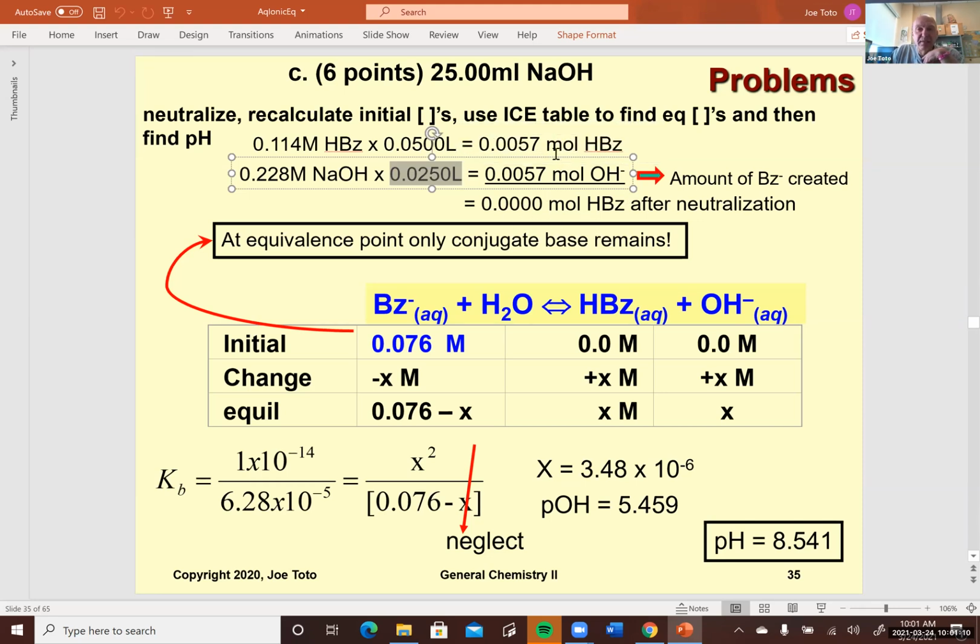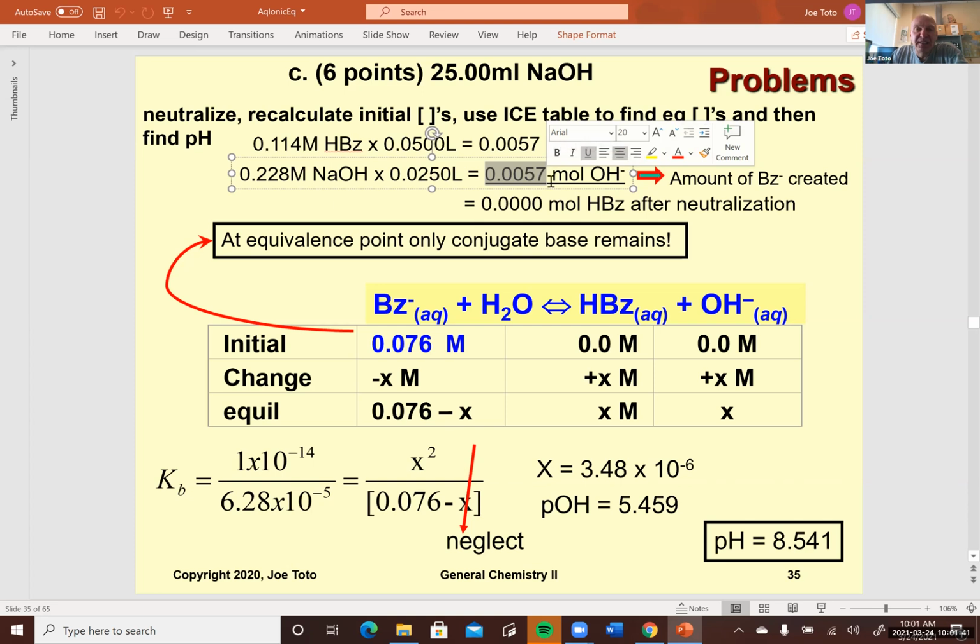So this is a complete reaction. The limiting reagent turns out to be both reactants. They're both gone. There's no weak acid left, but as much of the acid and base that reacted created that much conjugate base. You know that from your Chem 200 limiting reagent problems.